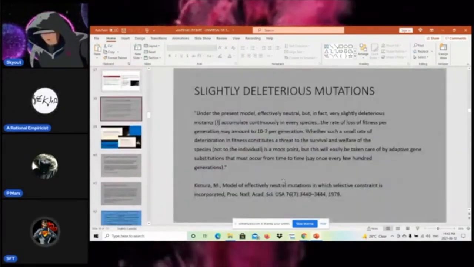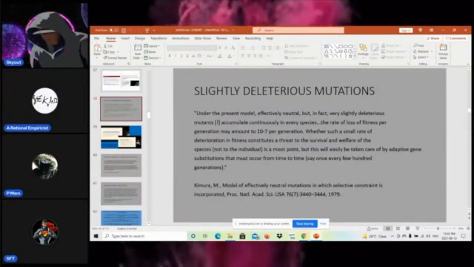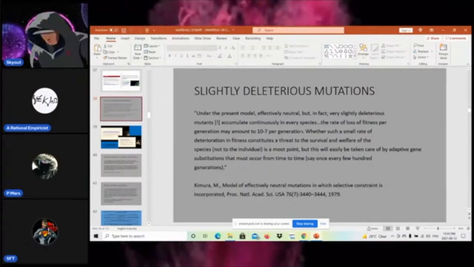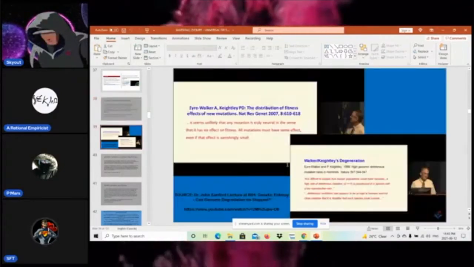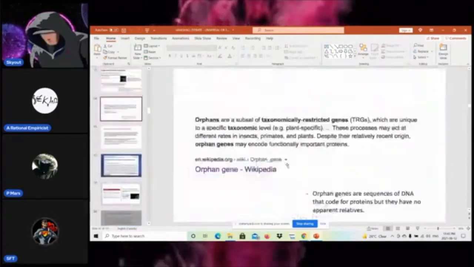It can't be. But right here, Kimura: effectively neutral, but in fact very slightly deleterious mutations accumulate continuously in every species. See, here's the thing. Kondrashov calculated that out of the 100 new mutations, where's that paper? Right here.